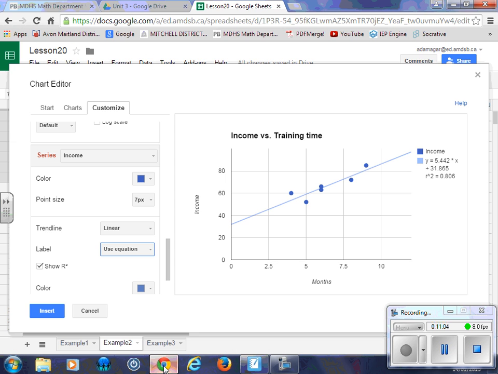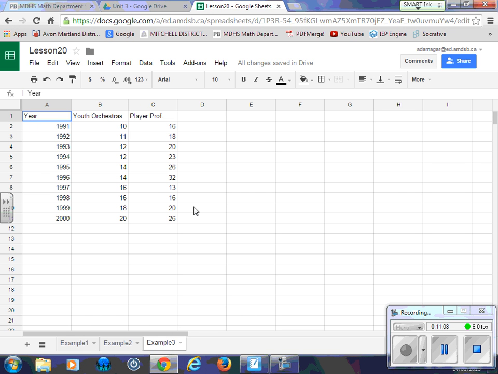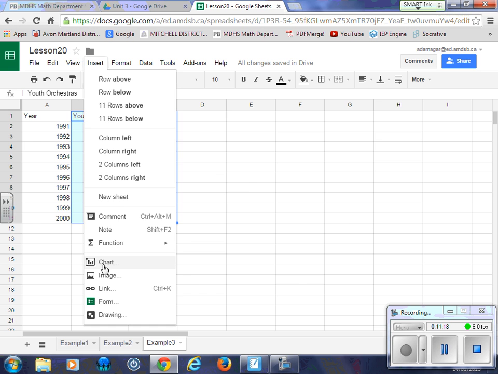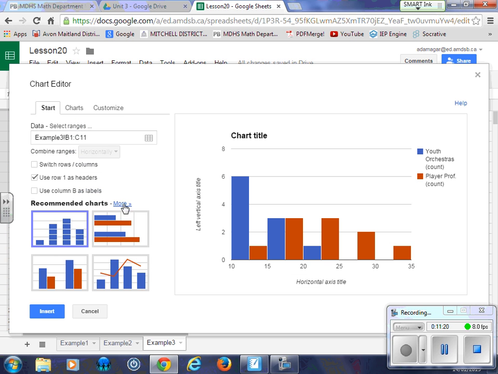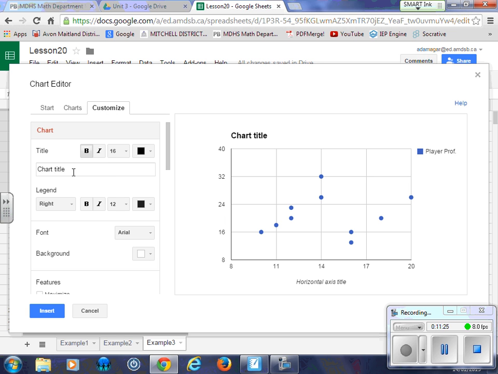Again, if you go back to the Google Docs, I have example 3, and the information's already there. I want to see, is there a relationship between youth orchestras and the number that become professional players? So we're going to do an analysis of the data. More scatter, customize.